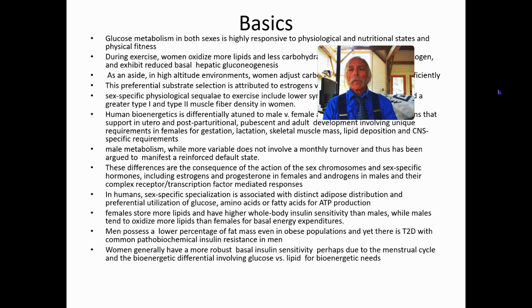Okay. Now that is a data point that again is solvent and penetrant. That means it has a mainstay in the literature. Okay. Now, with that, we also find there's more type 2 diabetes with common pathobiochemical insulin resistance in men.